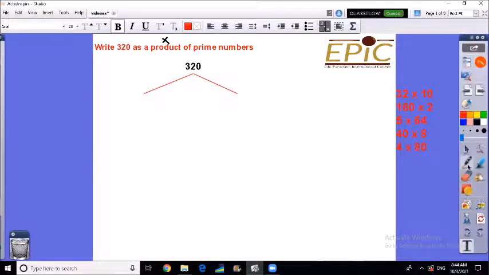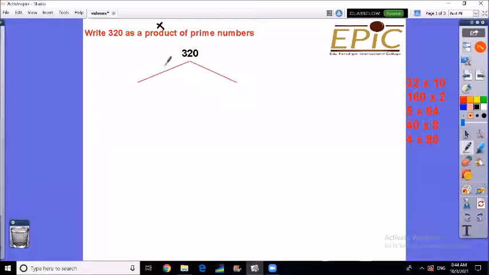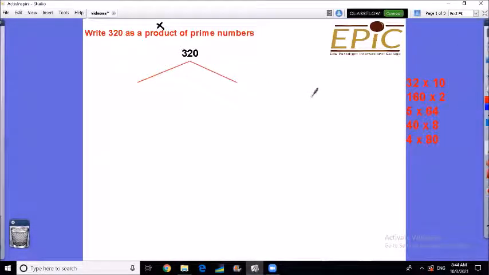So here, how are we going to factorize 320? There are many ways to do this, but all of them will lead you to the right answer, or the same answer at the end. What are the 2 numbers that when you multiply by each other will give you 320? So again, what times what gives you 320?